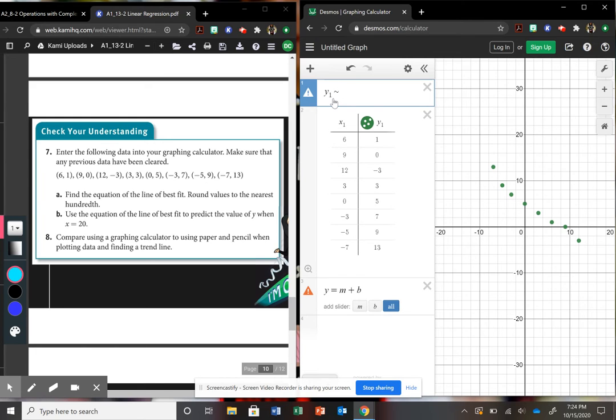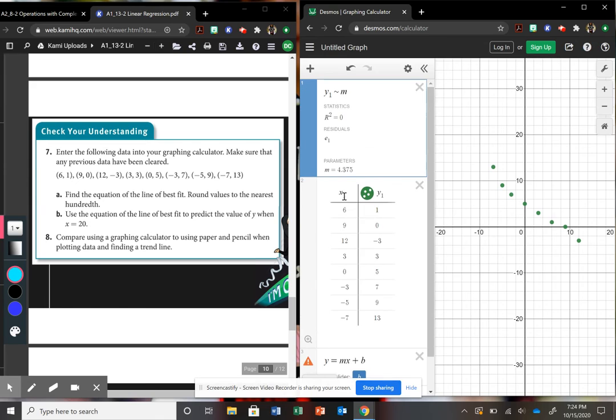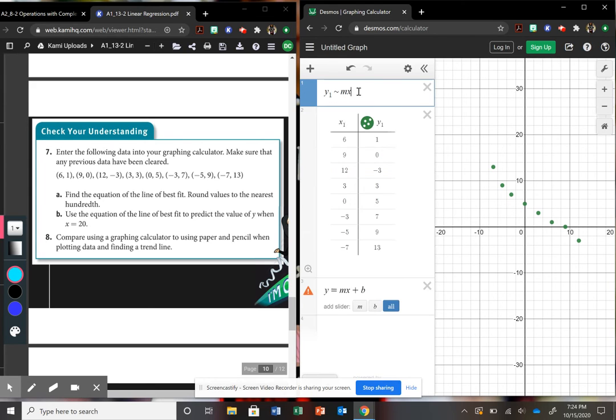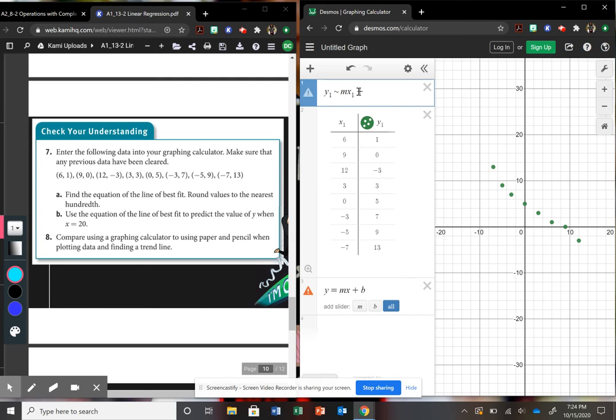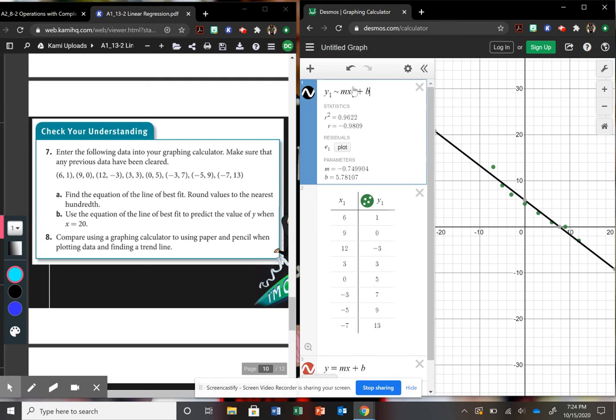This is going to say y1 is going to be regressed with whatever we have on this side, which is supposed to be x. Okay. So then I'm going to put here m, and this is not x, it's x1. So I put x1 and then plus b. Okay, and there you go. It calculated the line of best fit for me.